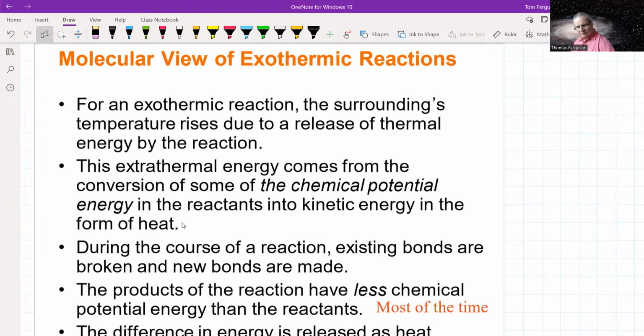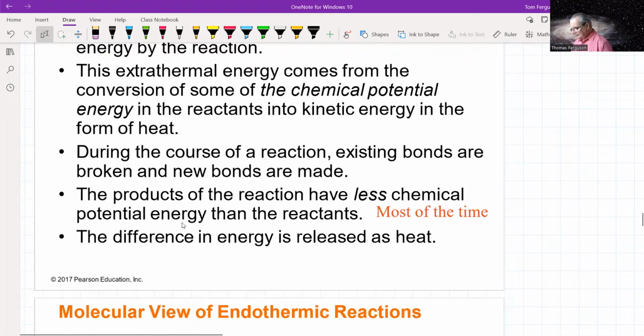During a reaction, we talked about this a lot, existing bonds are broken, new bonds are made. That's called a chemical reaction. The products of a reaction usually have less potential energy than the reactants, most of the time.